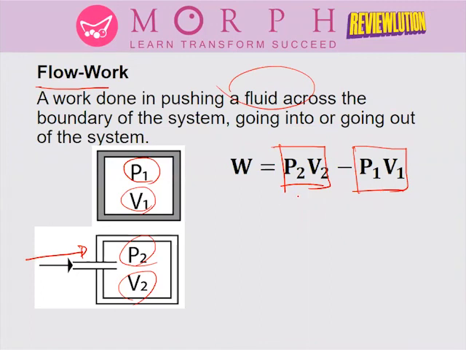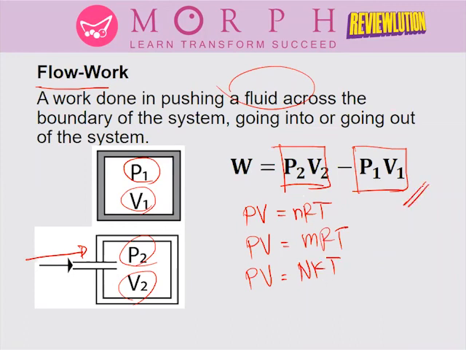It could change depende sa given. Bakit? It is because remember, PV is equal to nRT. Di ba? Also, PV is equal to mRT. And also, PV depende if you have nKT. So it means that this formula is initial lang. So it could change depende sa given.